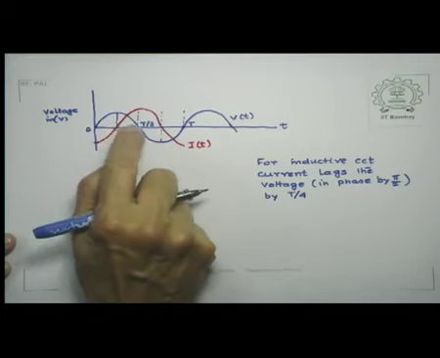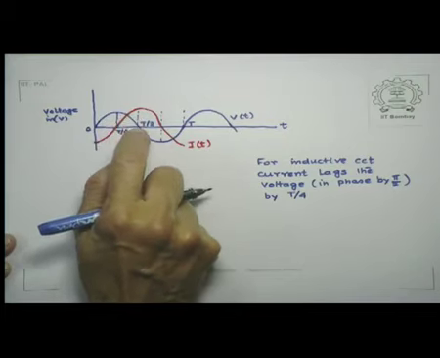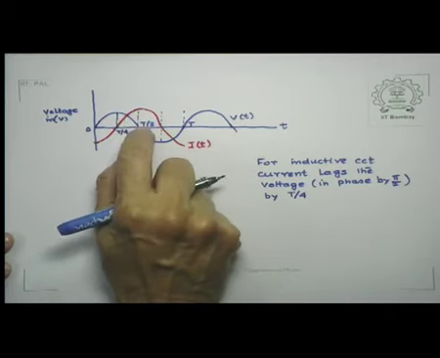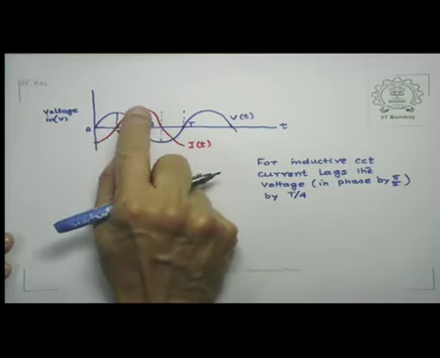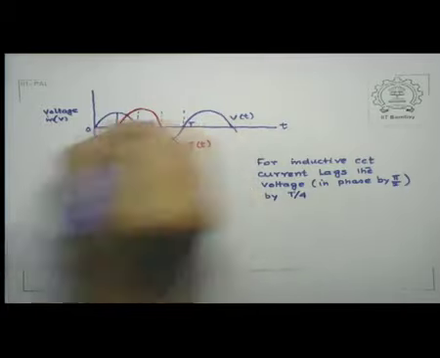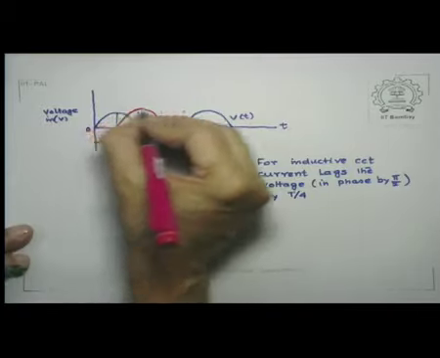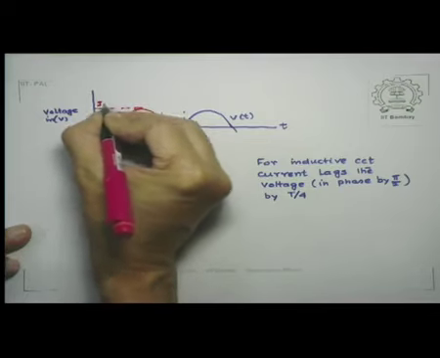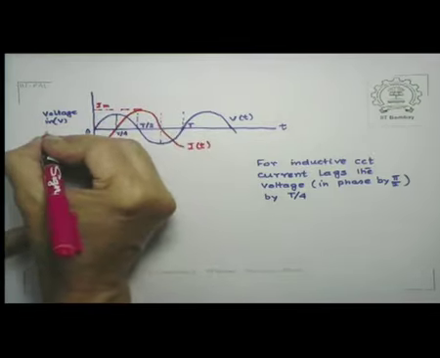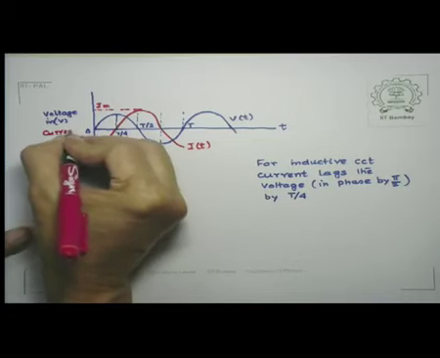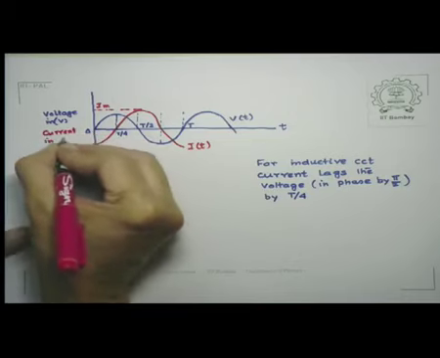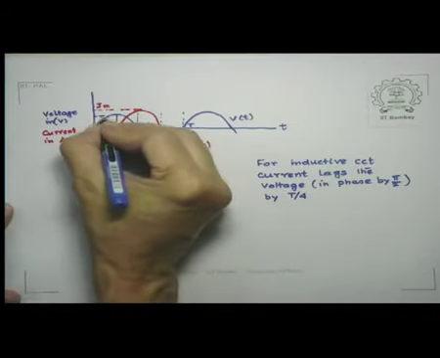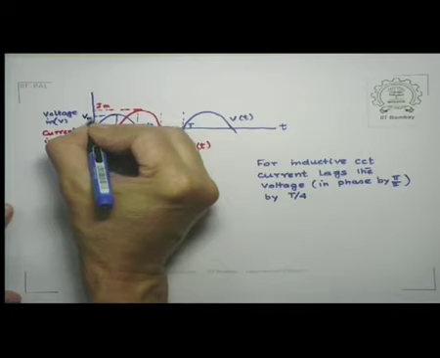Then as the voltage remains positive and is decreasing and has just about reached 0, the current has reached its maximum, and this maximum is my IM value. In red I have current in amperes, of course, and this magnitude is what we wrote as VM.